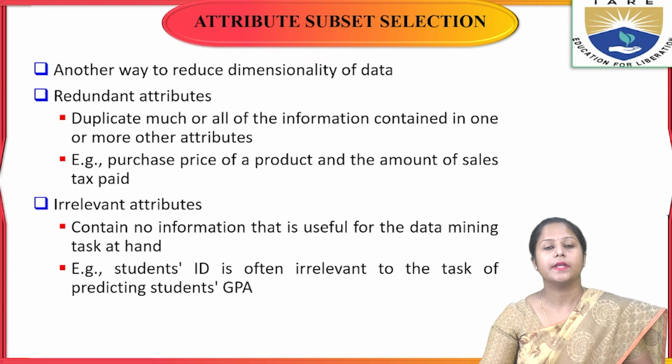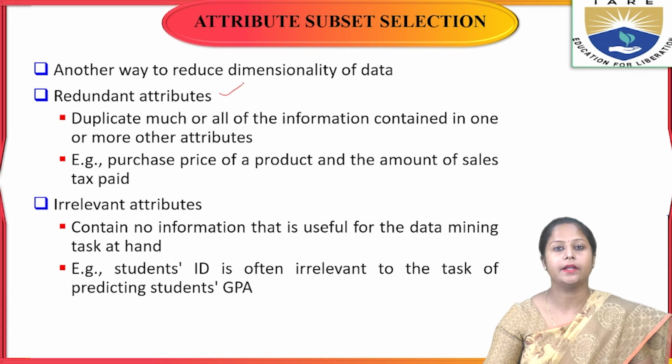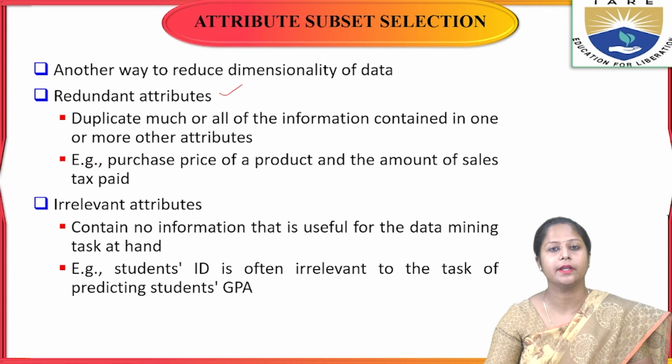The second method is attribute subset selection. That is another way to reduce the dimensionality of the data. In that, what will we check? We need to check redundant attributes, which duplicate much or all of the information contained in one or more other attributes.